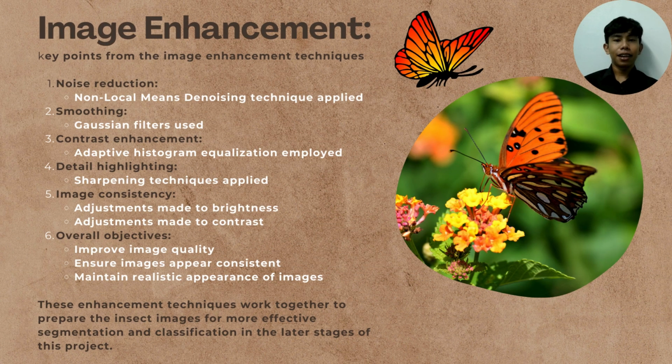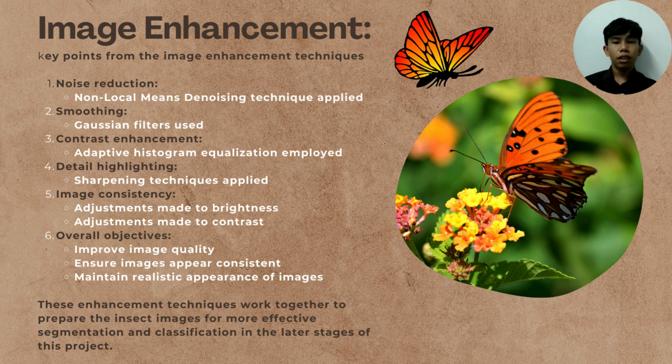Next is image enhancement. The point of the image enhancement technique is noise reduction. For smoothing we use the Gaussian filter, and for contrast adjustment we use adaptive histogram equalization, and for detail highlighting a sharpening technique is applied, with image consistency to adjust the brightness and the contrast.